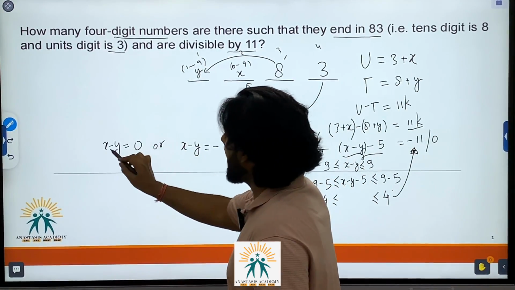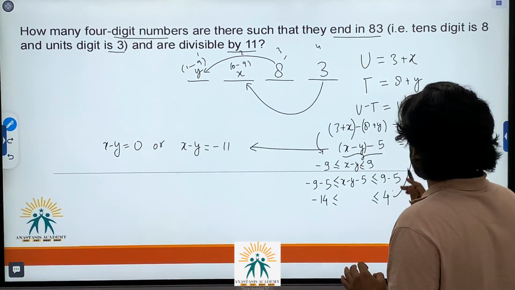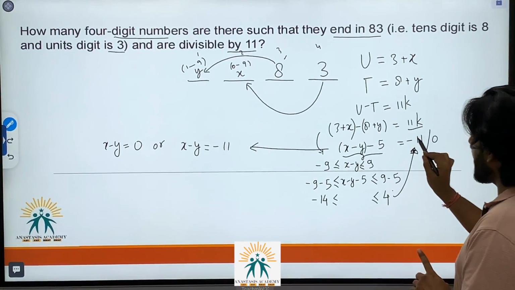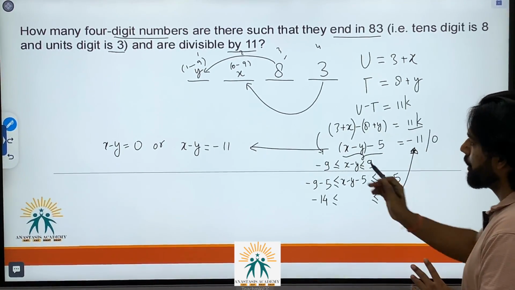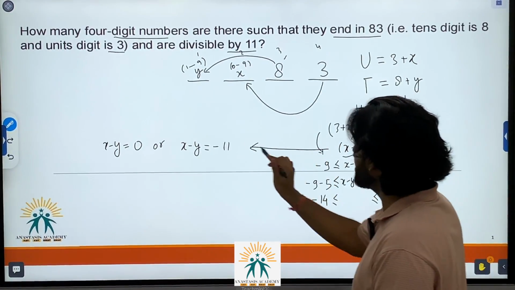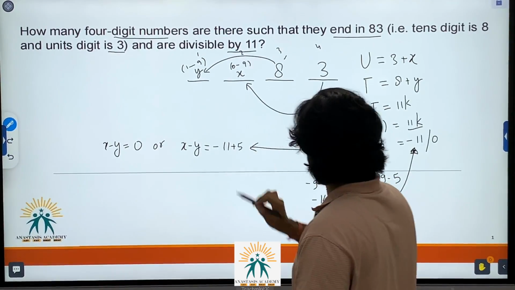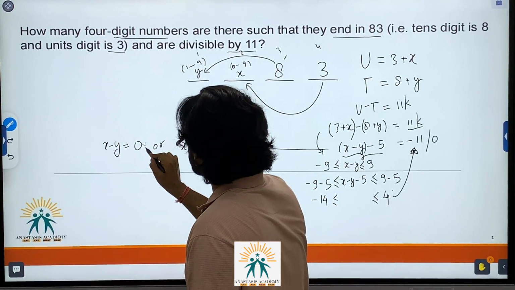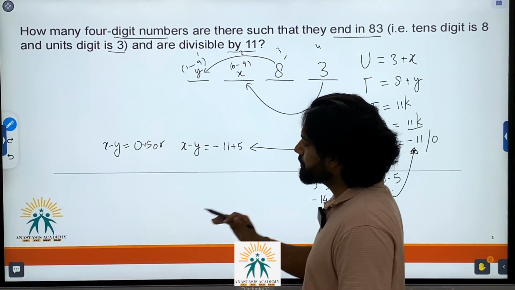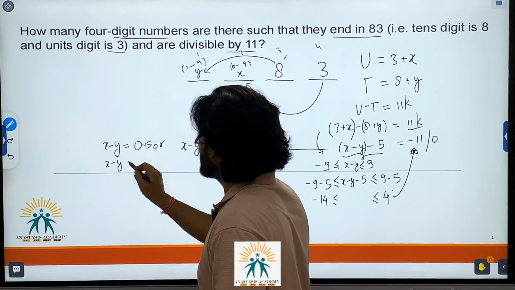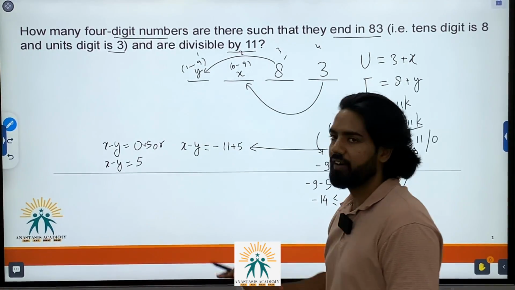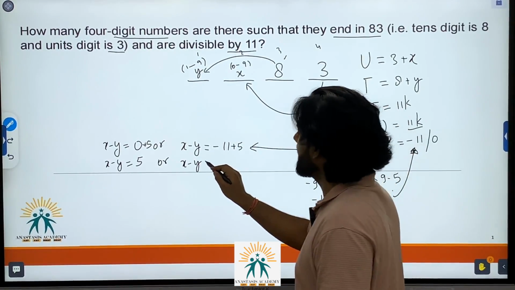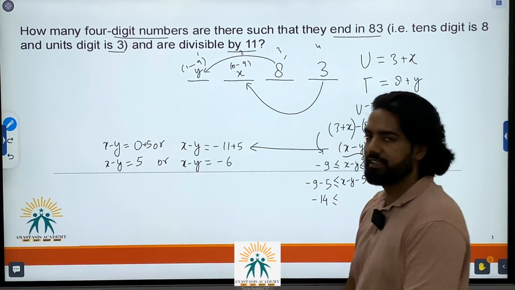So x minus y minus 5 has to be minus 11 or 0. So x minus y would be equal to minus 11 plus 5, right? 5 goes to the other side. So I need to find the solutions of x minus y, which can be minus 6, right?